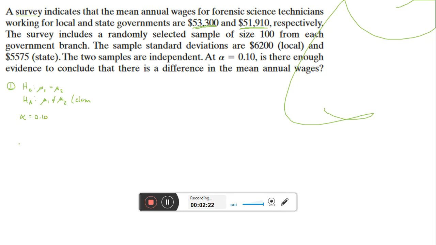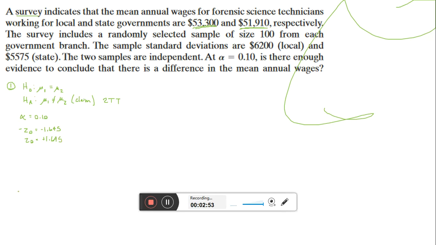If we were going to look this up on our table, we would use our two-tailed test again, because remember, since this is not equal to, it can go into the rejection region to the right or to the left. So two-tailed test. When we find our values on our table, we should get negative 1.645, and for the positive value, exactly the same with a positive sign.